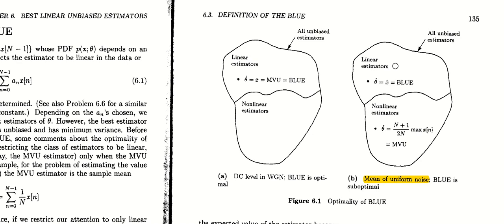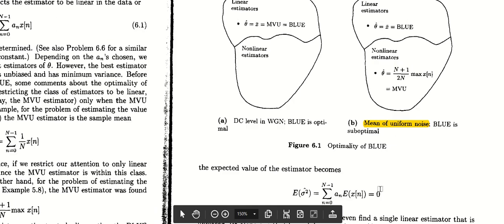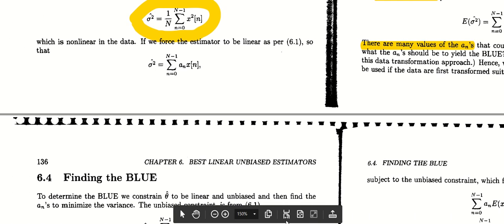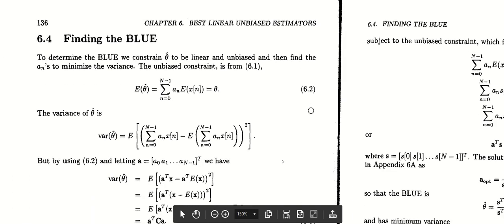As a result, when you do BLUE, it's not the best one, right? It's not the best one because this is the minimum variance, but this unbiased one is in fact not minimum variance. So BLUE will be suboptimal. We have a simple case and also a more complicated case where BLUE is not optimal.